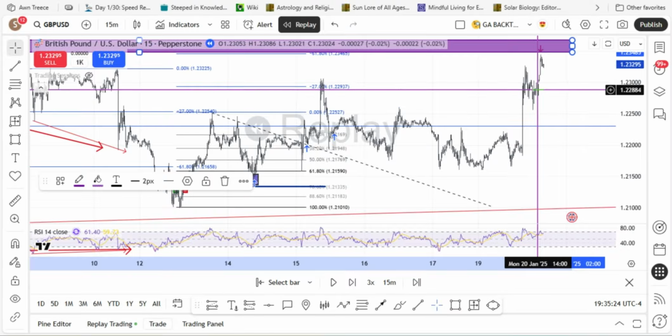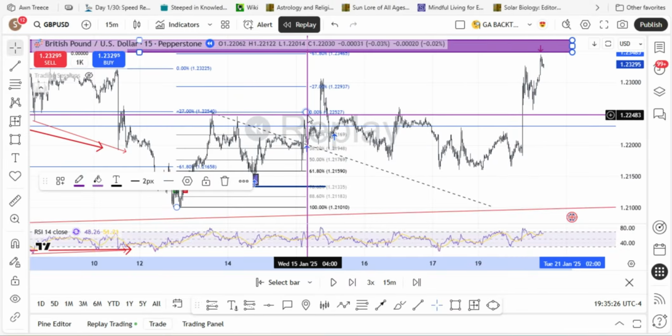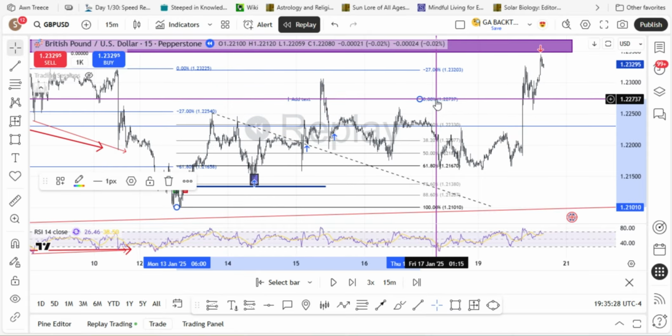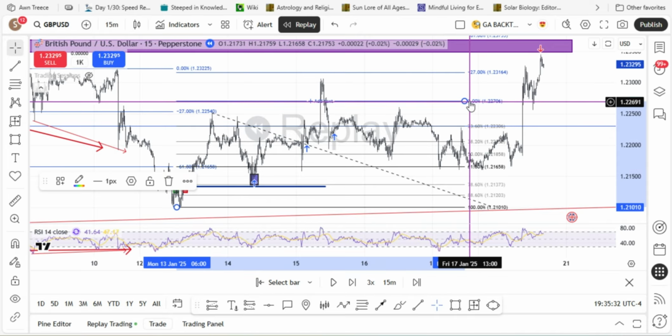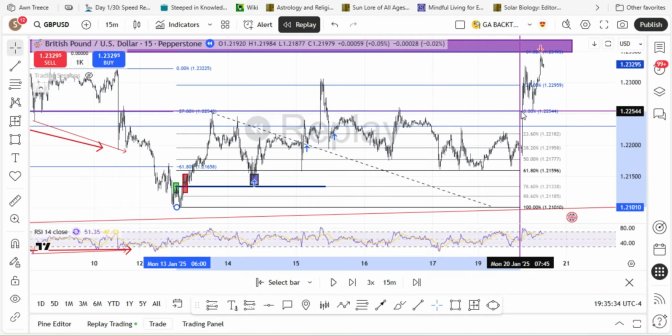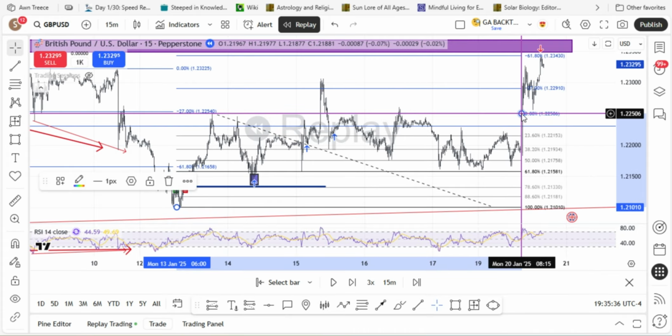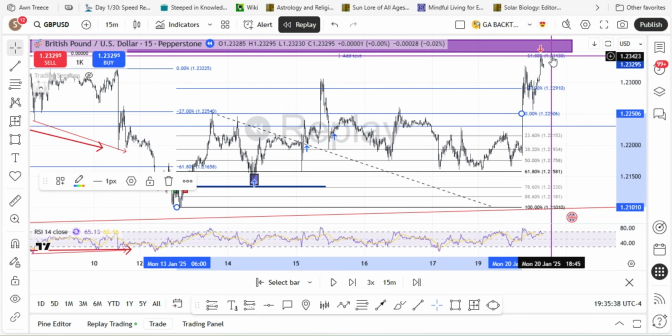Yay! All right, so yeah, it went and hit TP2.